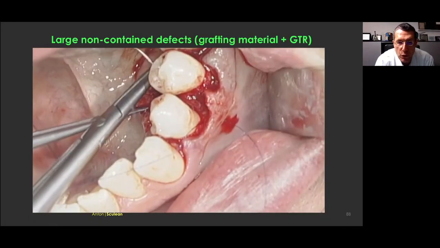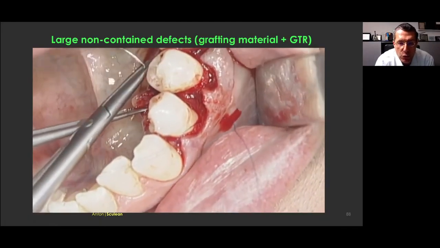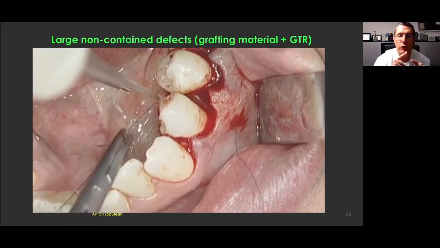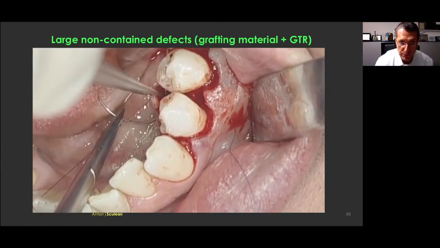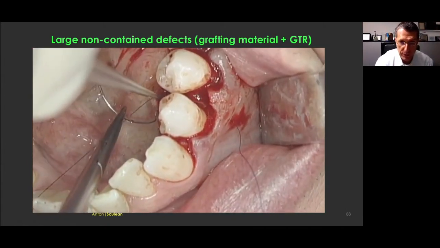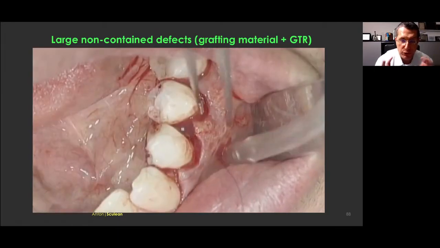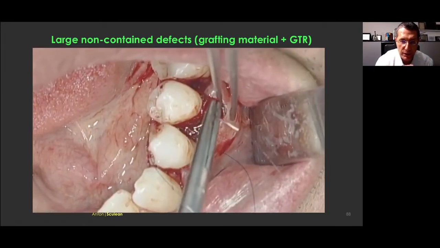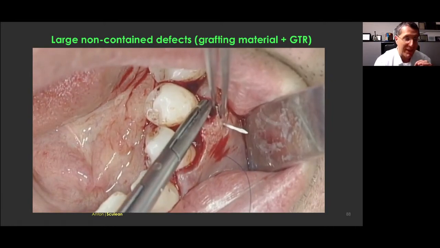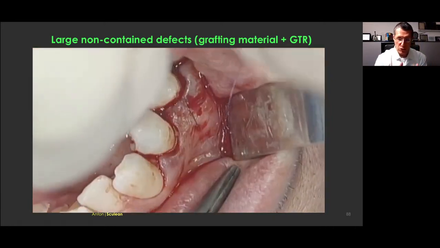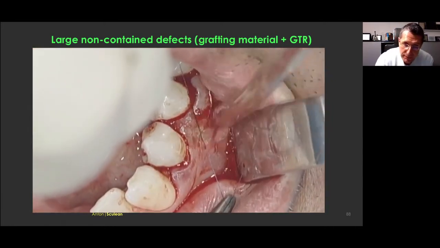So then, of course, we close, as you have seen before. What we can do is also to use first a horizontal mattress suture, a cross suture. Usually I like to use 6-0 monofilament material. I do not pass through the membrane. I'm very careful not to touch the membrane with the tip of the needle.